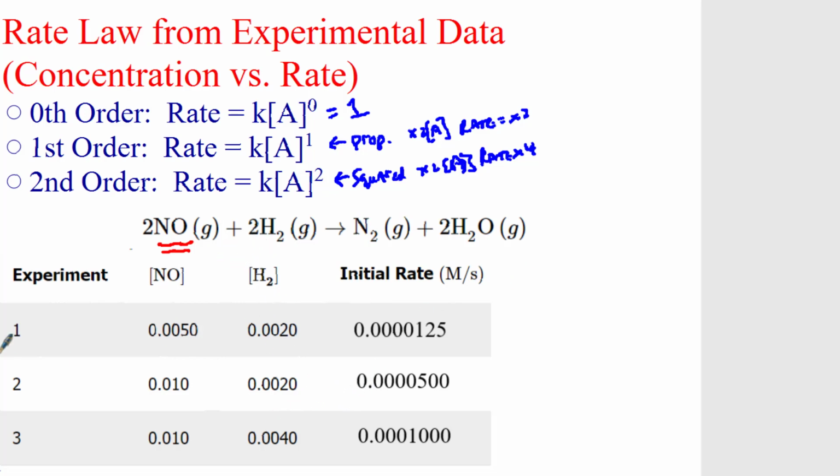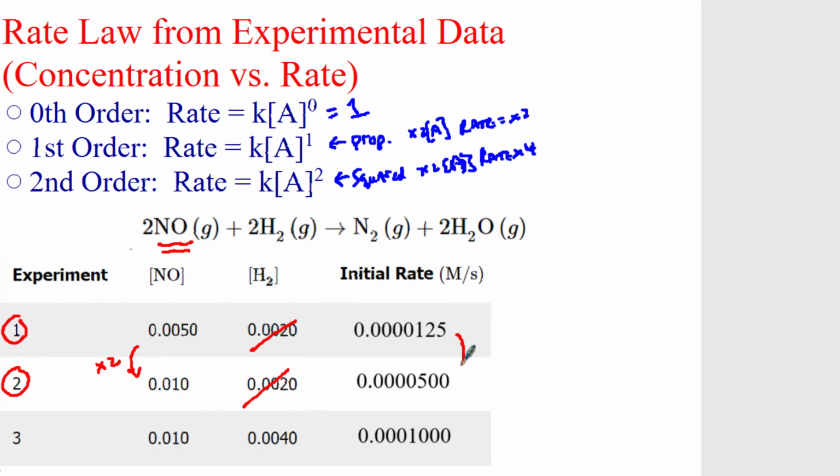And so we're going to take a look at experiment 1 and 2. Why are we going to take a look at 1 and 2? Do you see how the hydrogen gas does not change, which means it's not coming into play. We're really just looking at the NO. And so look at the NO. It goes from 0.0050 to 0.010, which means this concentration doubled.